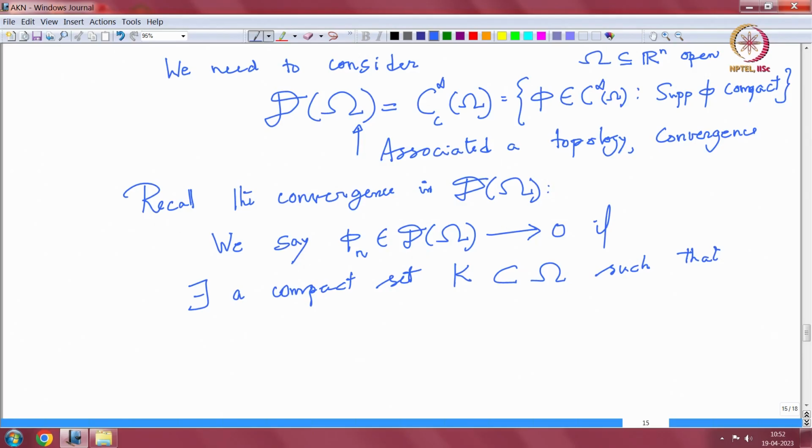The topology should inherit all the properties of that space, and only then will that kind of space be complete. If you do not incorporate certain properties, then that property will not be recovered in the limit, leading to incompleteness, such that the support of phi_n. So, let me write it in a color.